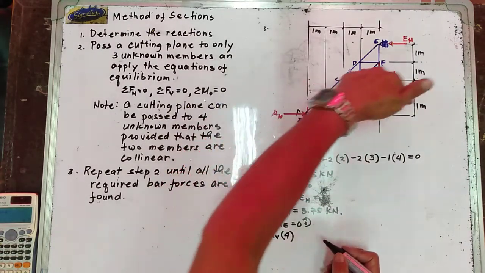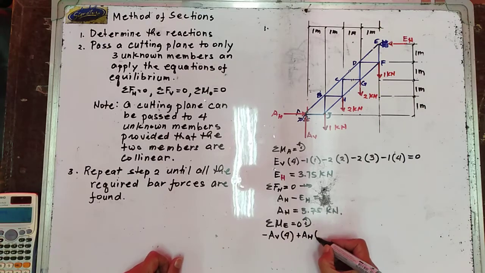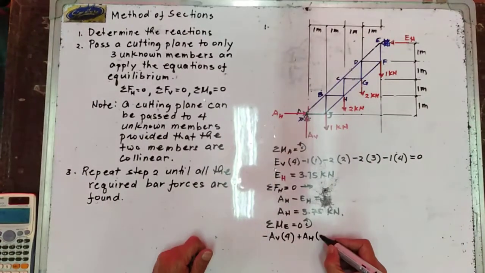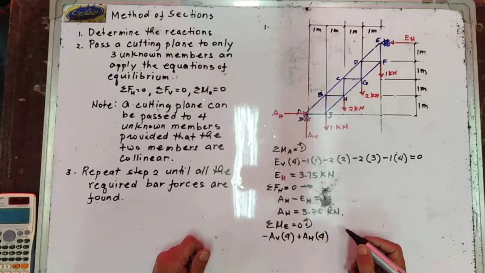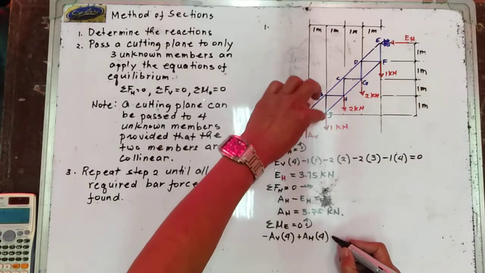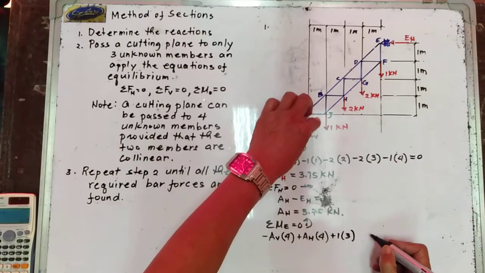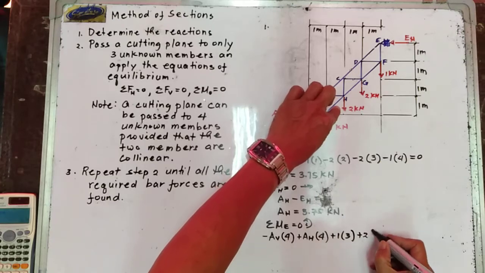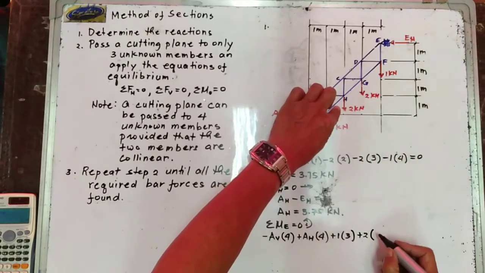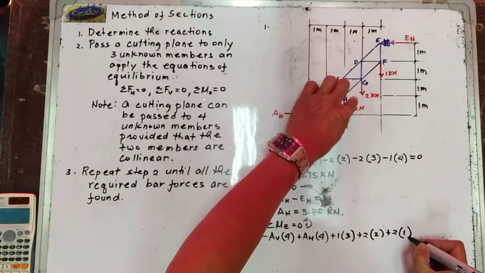Then we have plus A horizontal, the moment arm is 4. So we have plus 1, multiply this one by 3, plus 2, multiply this one by 2, plus 2, multiply this one by 1.